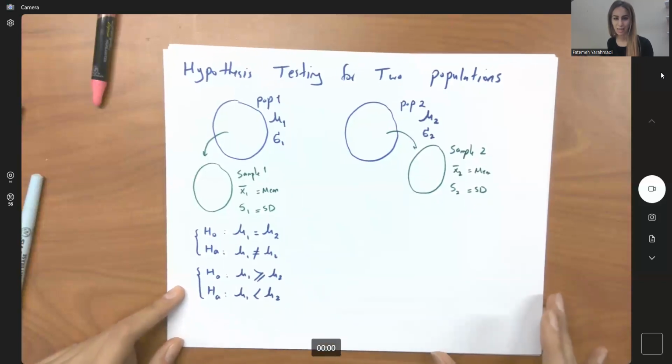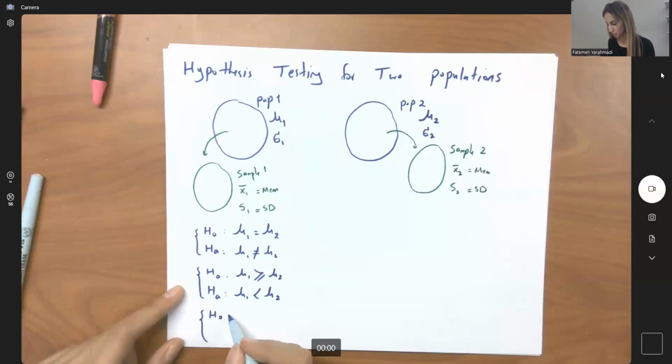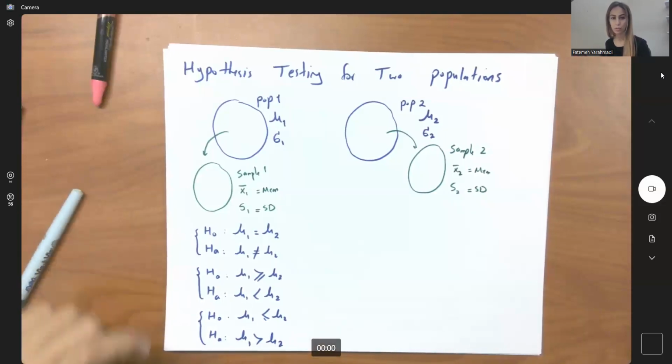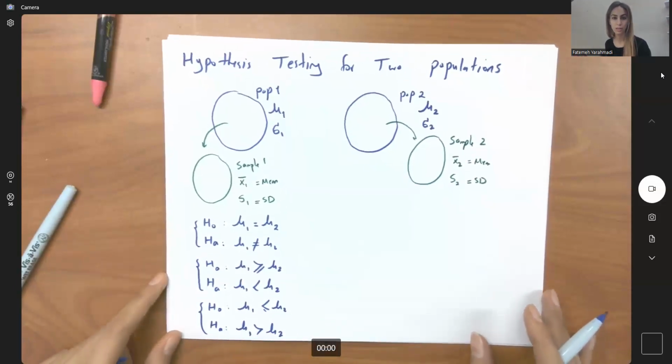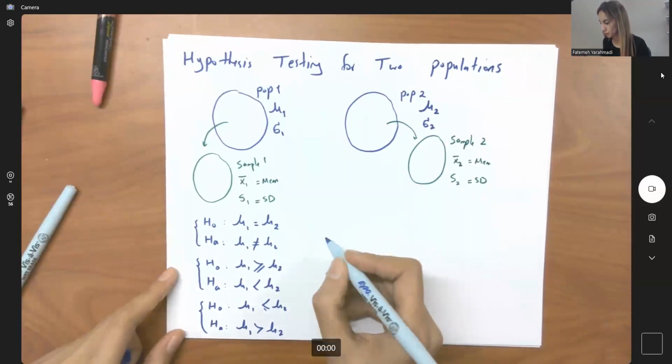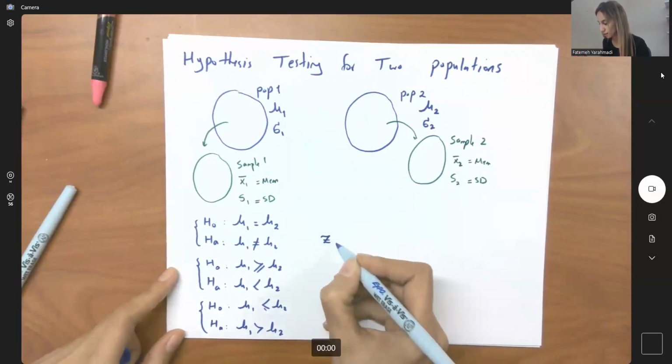And finally, the last scenario is you're going to end up with a right test, as you remember. The null hypothesis says mu1 is less than or equal to mu2, and its complement or its opposite, mu1 is more than mu2. After we identify the null and alternative hypothesis, we're going to find the standardized statistic.